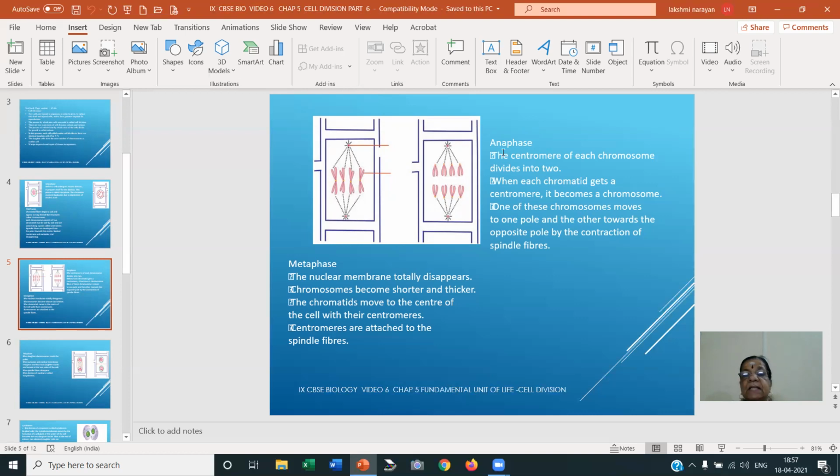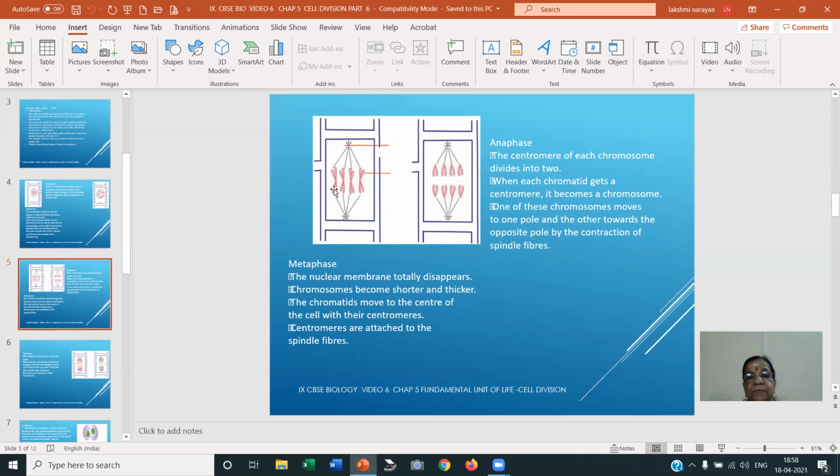The next is the anaphase stage, where the centromere of each chromosome divides into two. Here it is arranged, and now here it is dividing into two. When each chromatid gets a centromere, it becomes a chromosome. Then one of these chromosomes moves towards one pole and the other towards the opposite pole by the contraction of spindle fibers.